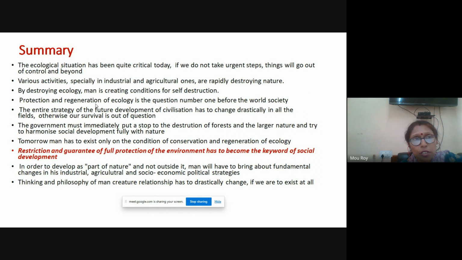There are a lot of conferences and seminars taking place where not only India but other countries are also participating, with discussions about global warming.